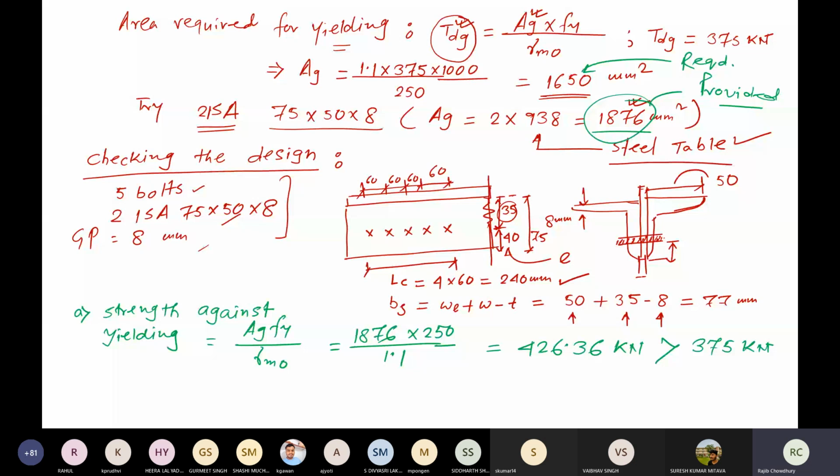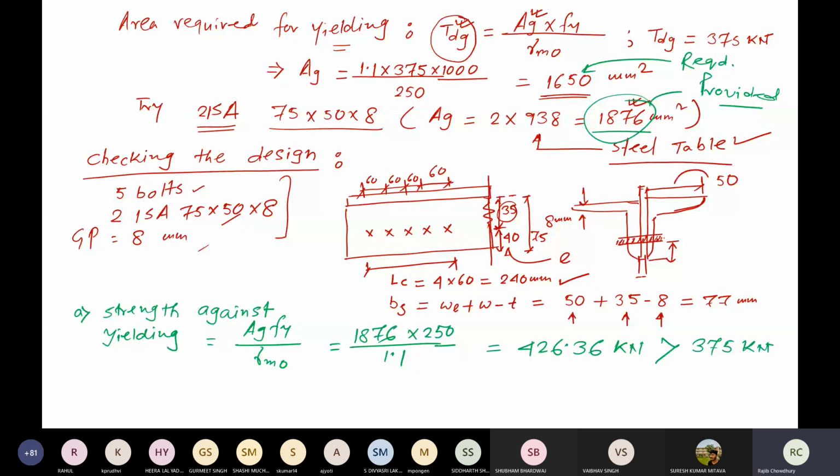So gross shear area, how much would it be? The shear length multiplied by what? Anyone? Shubham? Angle section thickness. Angle section thickness. Fantastic.